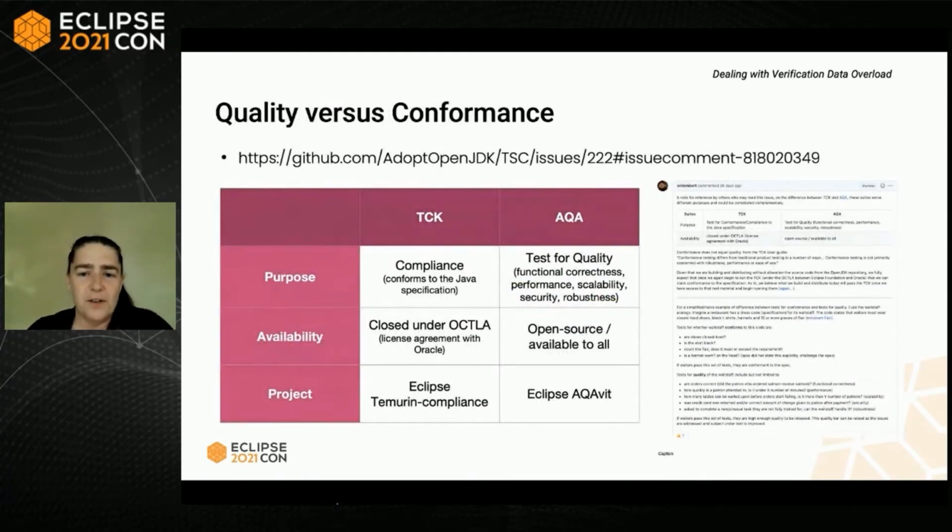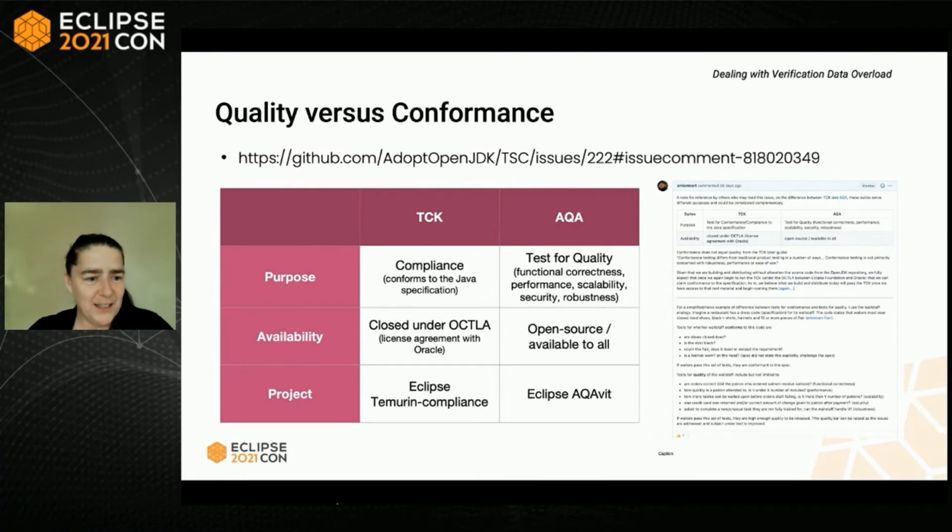It's important to clarify something here because there often seems to be confusion on the topic. TCK, those compliance tests that check that a binary conforms to the Java specification, and Aqua, tests for quality, are two very different things that serve very different purposes and are handled quite differently.